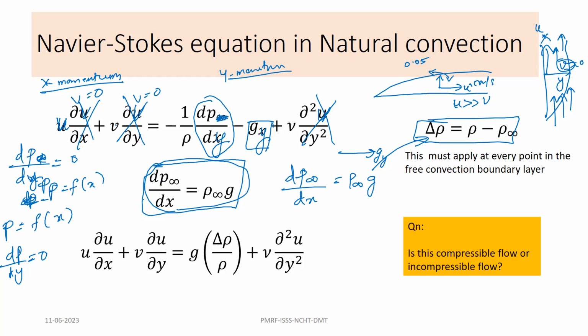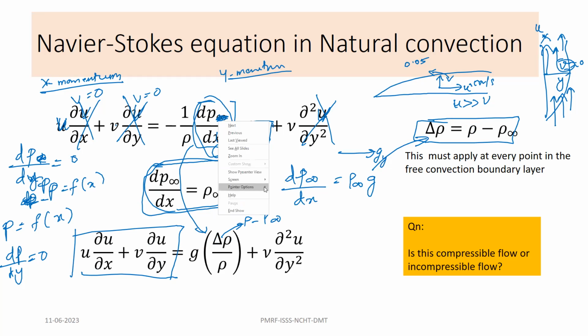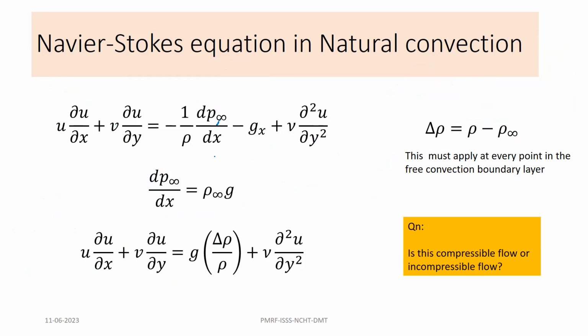Substituting that back here: U dou U by dou X plus V dou U by dou Y plus G into delta rho by rho. Delta rho is actually rho minus rho infinity. It is just a substitution because now dP by dx is gone. I'll just erase this. So that is actually gone.